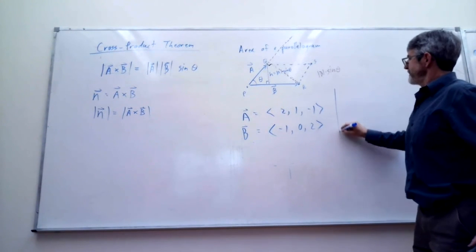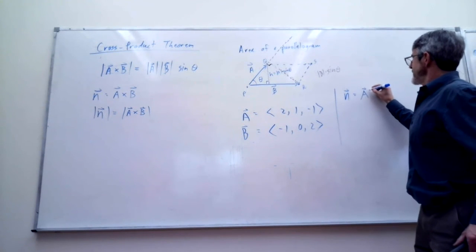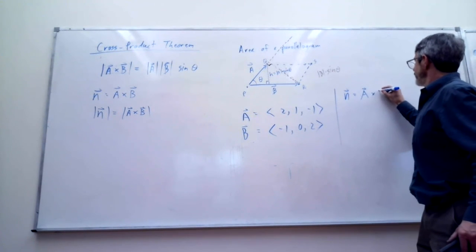I'm not going to work through this now. We've done enough cross products. The normal would be A cross B.